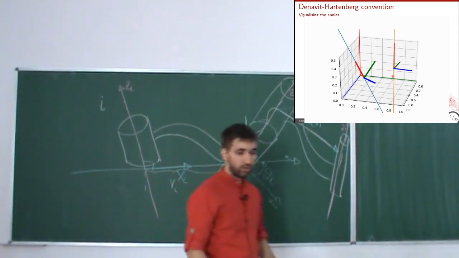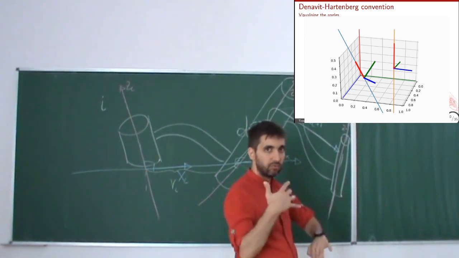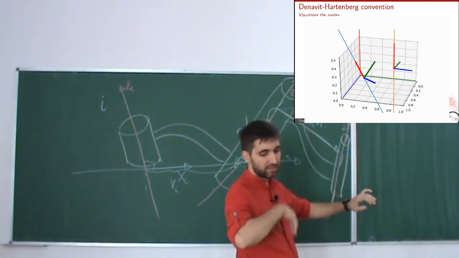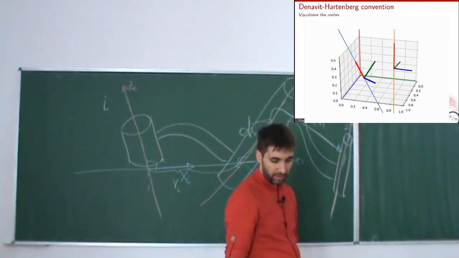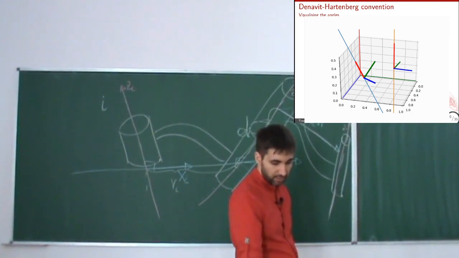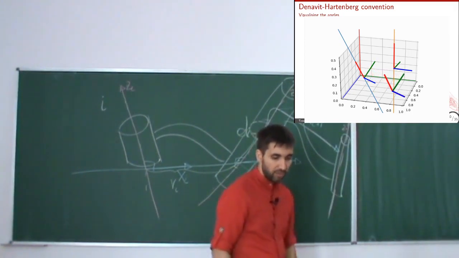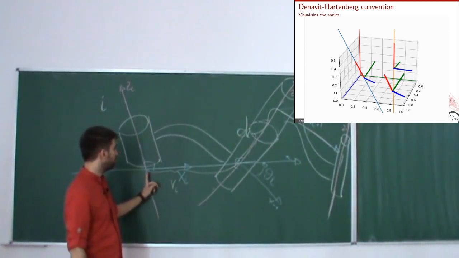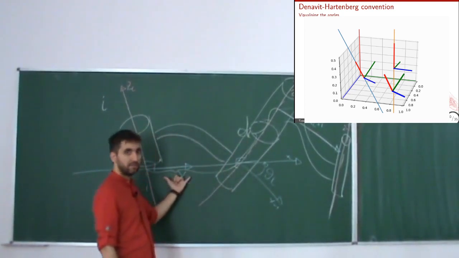And I want to show that I can go from this one to this one using these two rotations and two translations, by doing first a translation and rotation, then another translation and rotation. So I start by doing the first translation, starting from here, going to here by this distance Ri.